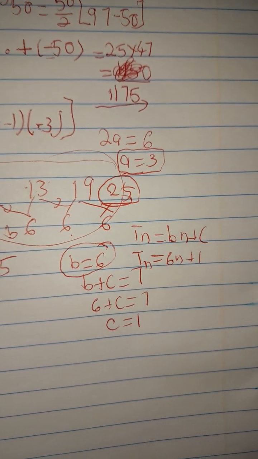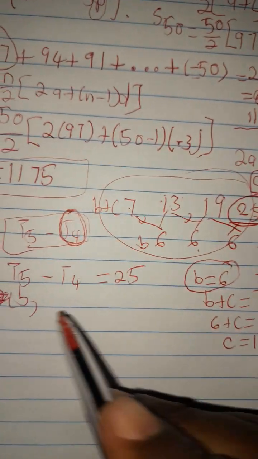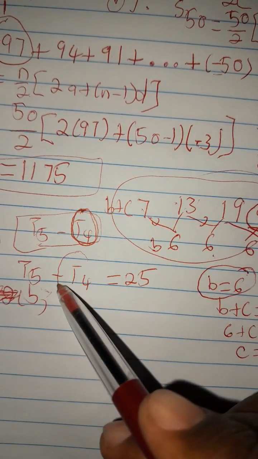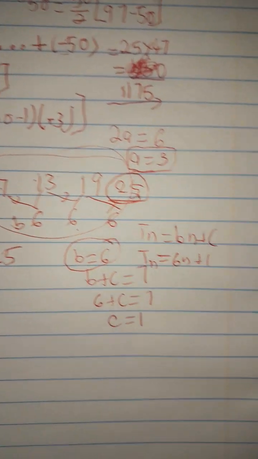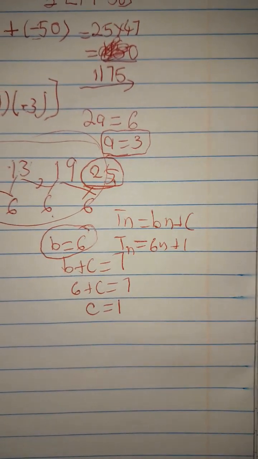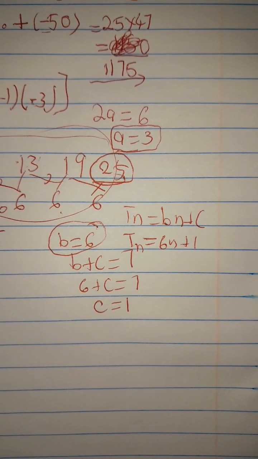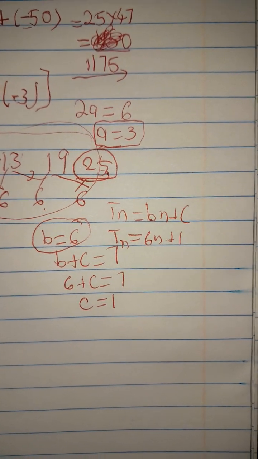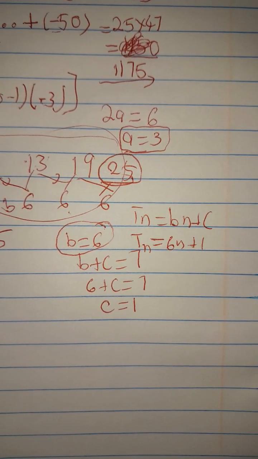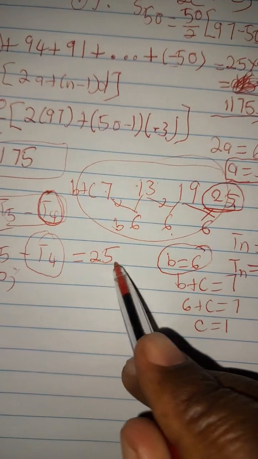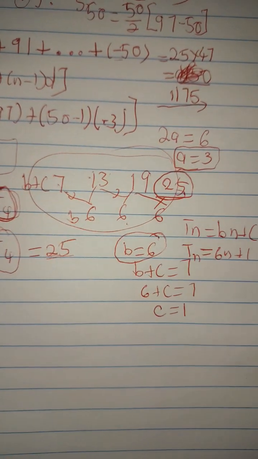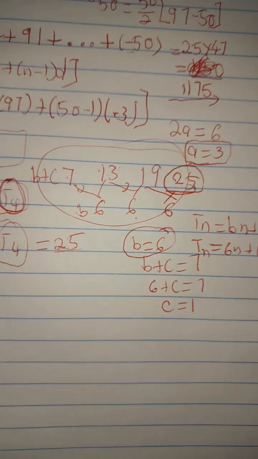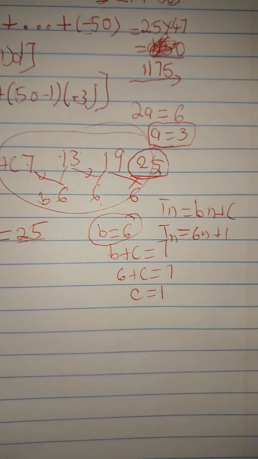So to make life easier, guys, remember how I got T5 minus T4. I took T4 in this case so that I can get T5 minus T4. So we are just gonna say 6 times 4 plus 1. That's gonna be 25. No? So it still gives you 25. Now, since they told you to calculate T70 minus T69, we are going to take T69.